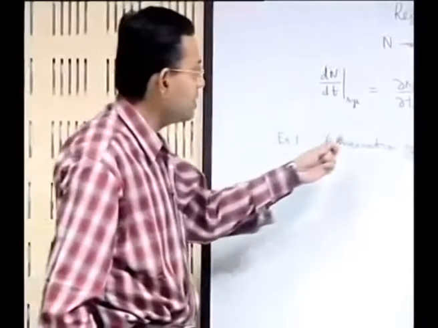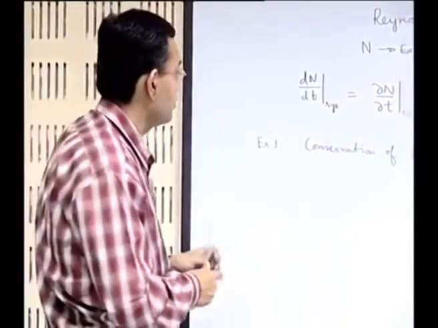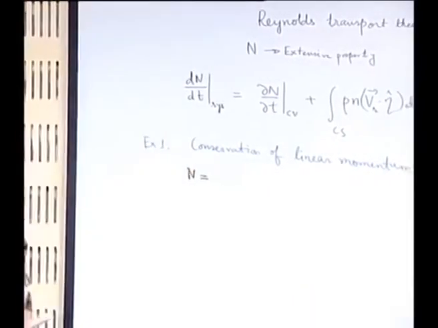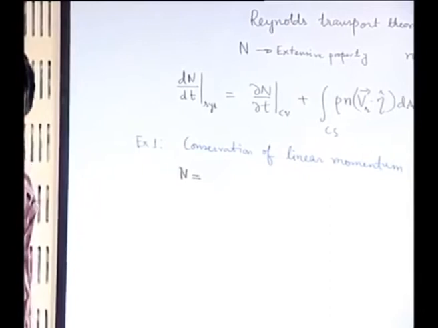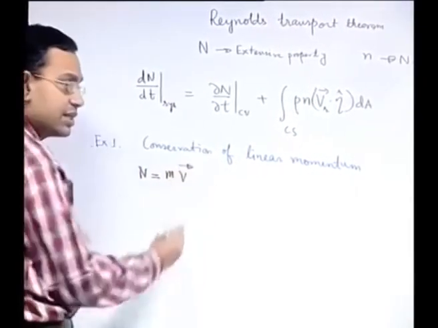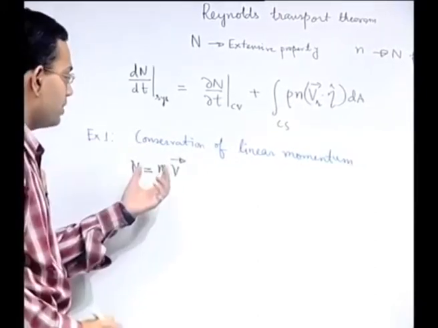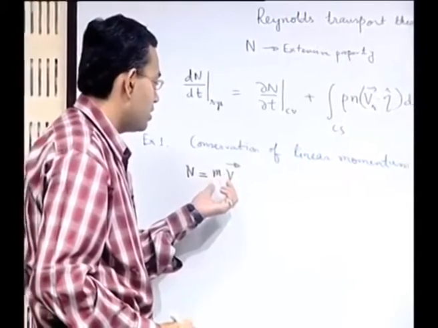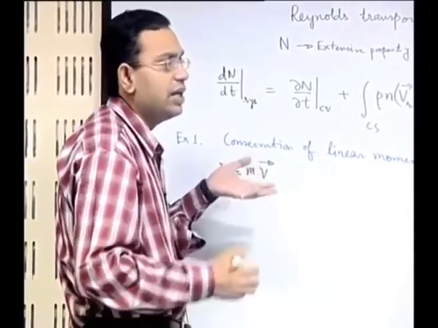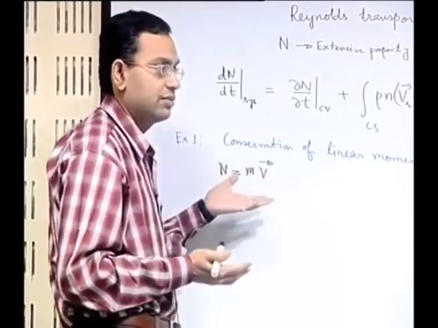Now, with the conservation of linear momentum as a consideration, what will be N? N is the linear momentum of the system, that is m into V. Now for a fluid you may have, or even for any deformable body you may have different V at different locations.